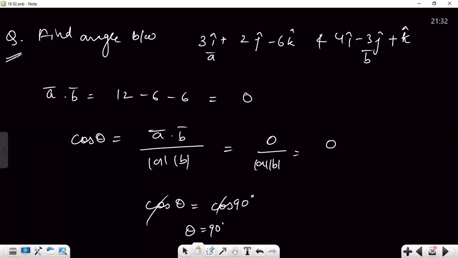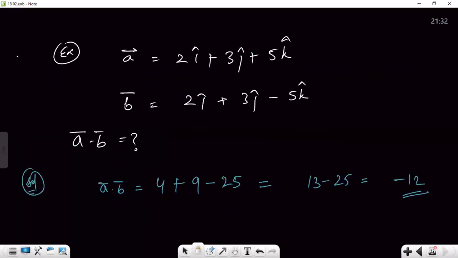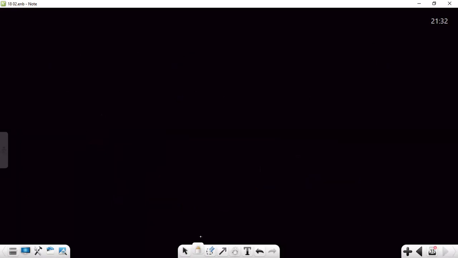Now there's a very interesting question coming up. The question is, there are two forces. F1 is 3 i cap minus 2 j cap plus k cap.